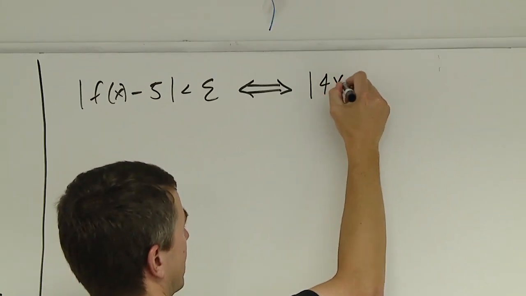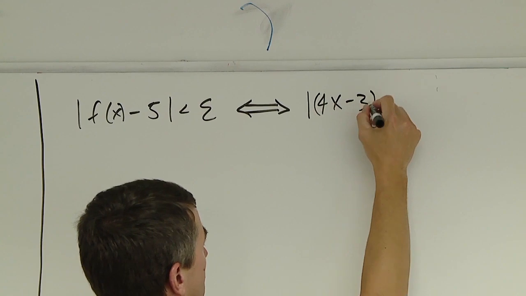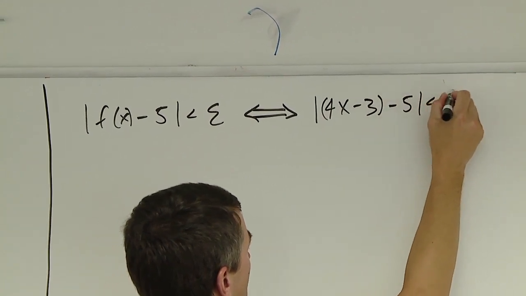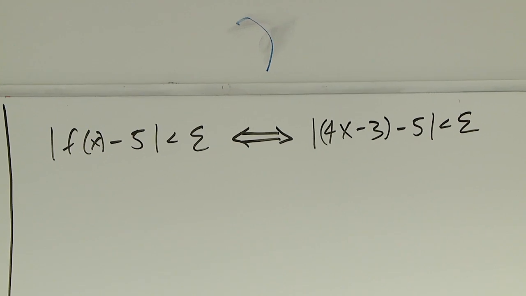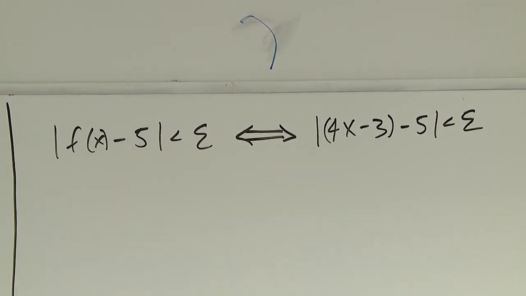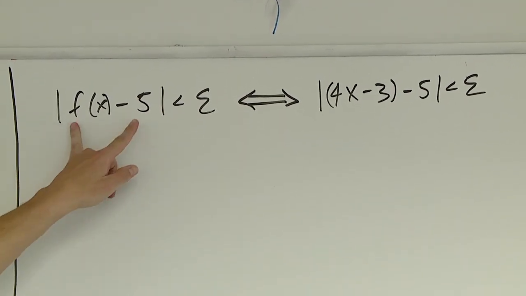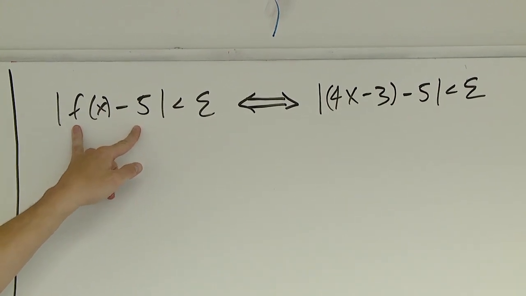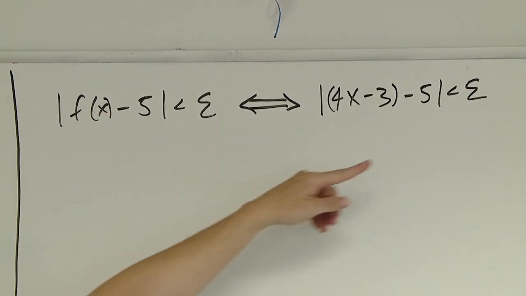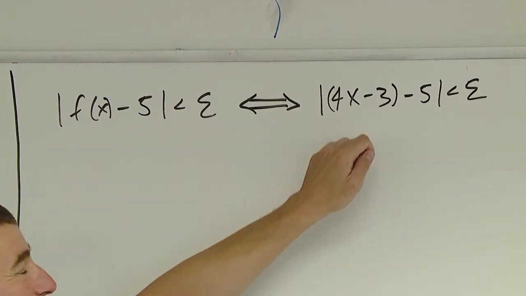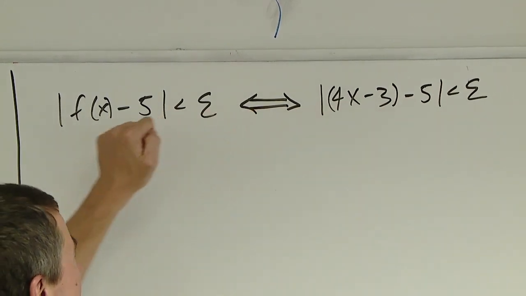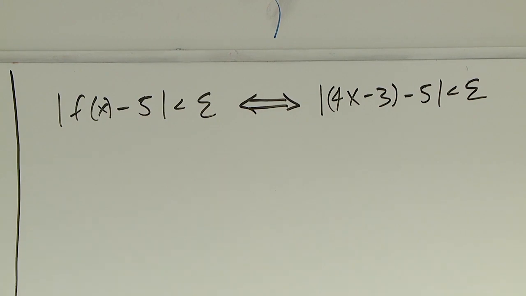So I can just replace f of x by 4x minus 3, minus 5, is less than epsilon. Again, this double-headed arrow means the statements mean exactly the same thing. That is to say, the set of x values that satisfy this inequality are the same as the set that satisfy that inequality. The set of x's that make this inequality true are exactly the same as the set that make that inequality true.